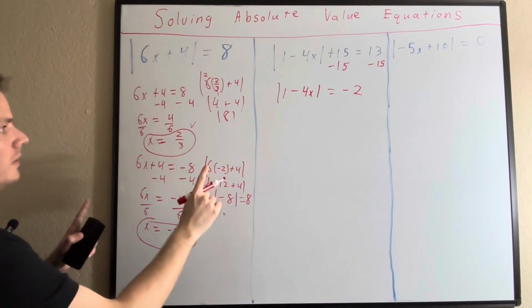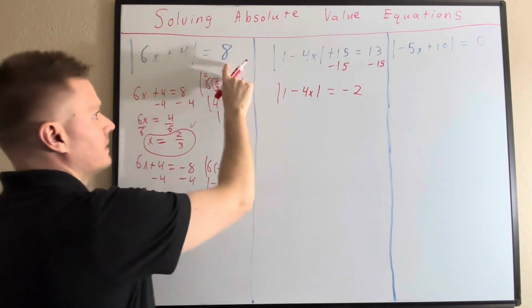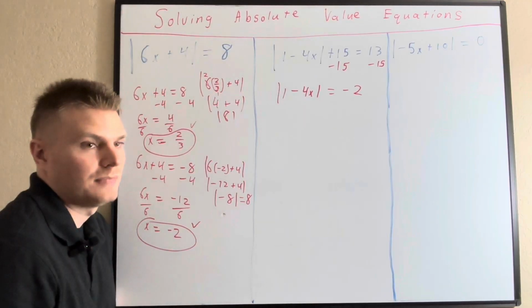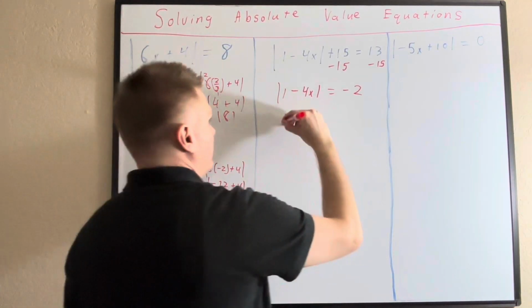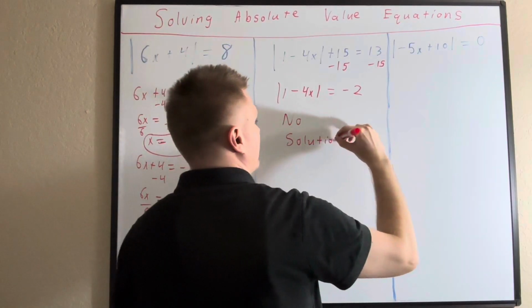Hold up. If the absolute value taken is always positive, then how can it equal negative 2? The answer is it can't equal negative 2. No solution. Don't you love it when that happens?